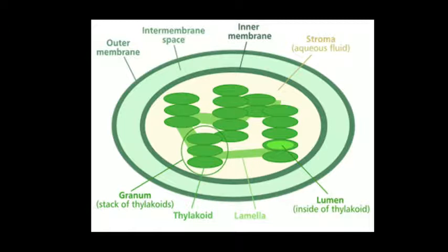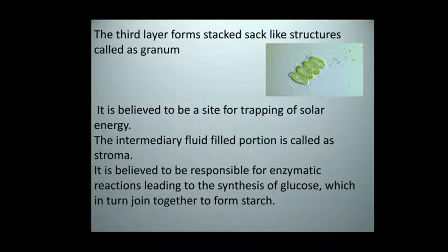So in the chloroplast there is a DNA loop. It consists of an individual DNA, and it acts as the genetic material for that chloroplast. I have already said that the third layer forms stacked sac-like structures called granum. It is believed to be the site of trapping of solar energy. Thylakoids consist of chlorophyll, and that chlorophyll is responsible for trapping sunlight.